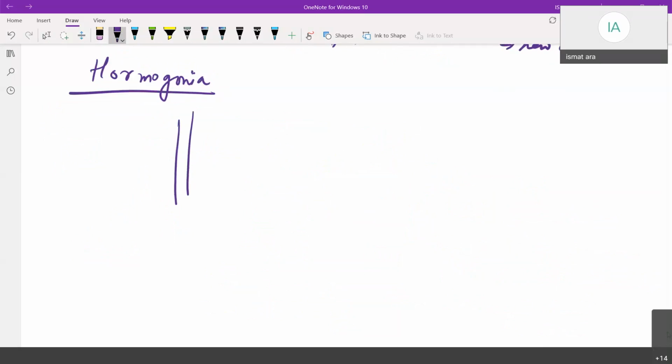Suppose this is the filament. Here mucilage is present. This structure where mucilage is present is called necridium. Necridium means these are dead cells, and this will disintegrate.